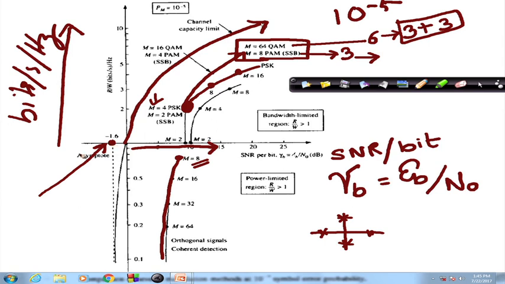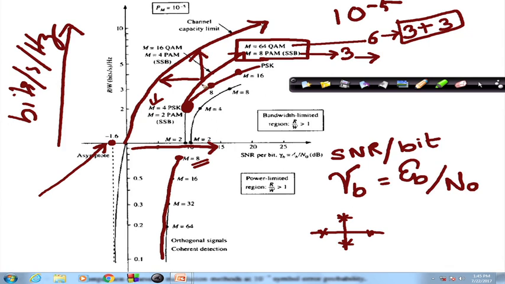So, what we find is the aim of the communication system design engineer is generally to find a modulation scheme which has the minimum distance from the capacity curve, which is given by this.